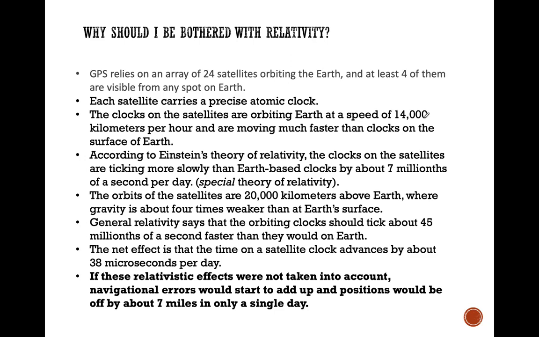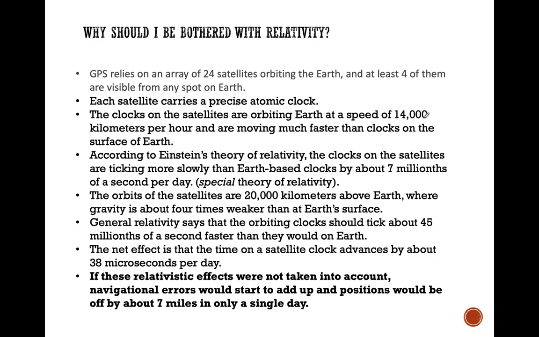However, these satellites are also orbiting around the Earth, and they are normally located around 20,000 kilometers above the Earth, right? So gravity is about 4 times weaker in that orbit, and because of that, general relativity also comes into play.